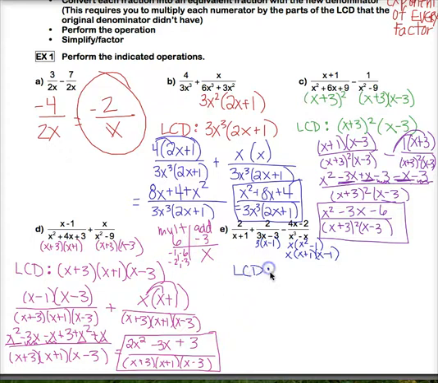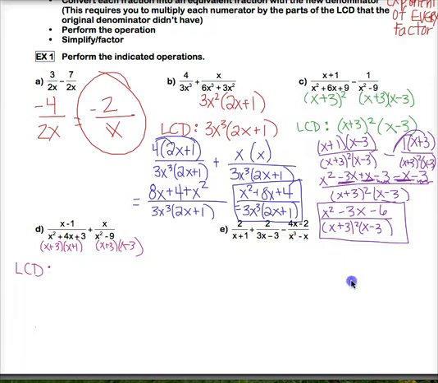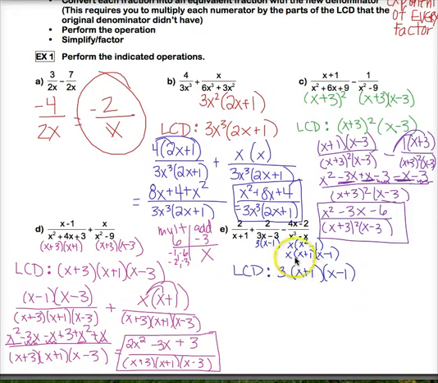So on my LCD, I've got an x plus 1 as a factor, so I need that. Over here, I've got a 3, and I've also got an x minus 1. Then when I move to the third one, I've got an x, so I'll put that right here. X plus 1 is already there, x minus 1 is already there.